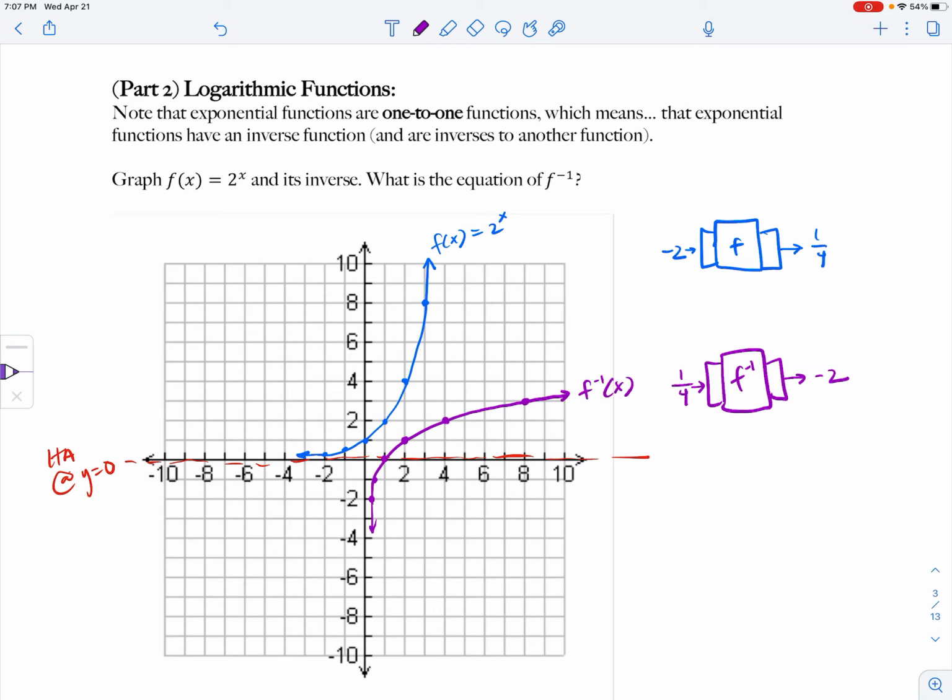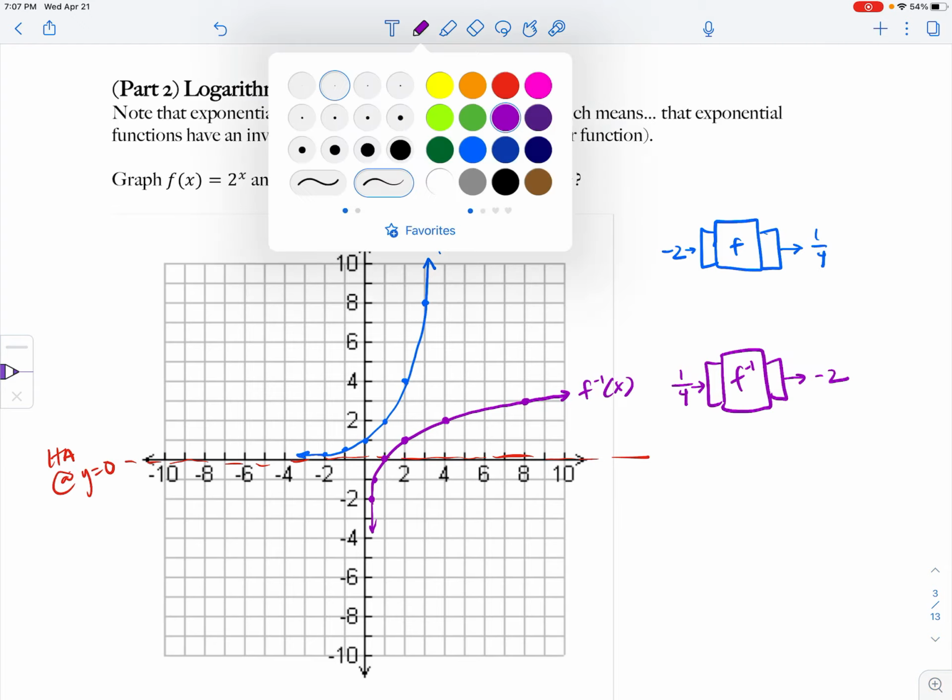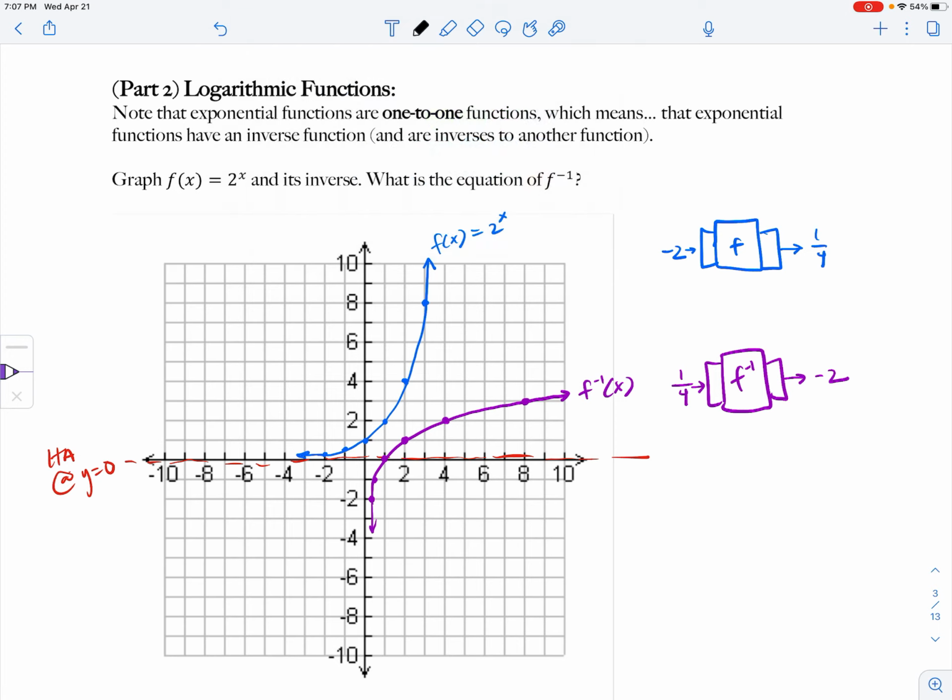But what would the equation of f inverse be? Well, remember for finding a function's inverse, you switch the x and the y coordinate. So I'm going to rewrite the exponential function as y equals 2 to the x power, and then think about switching x and y. And then we have to solve for y.